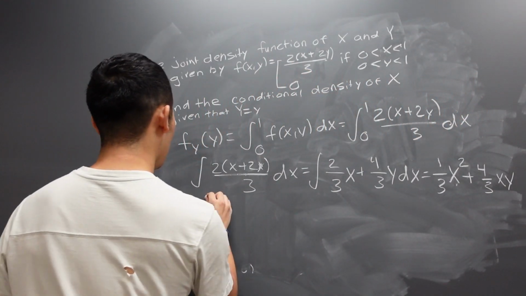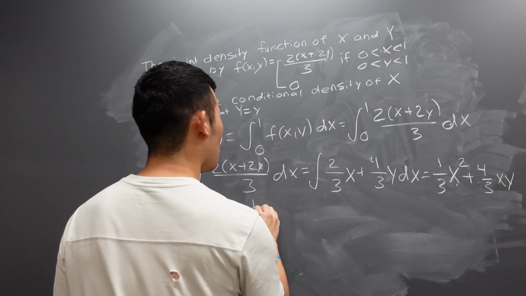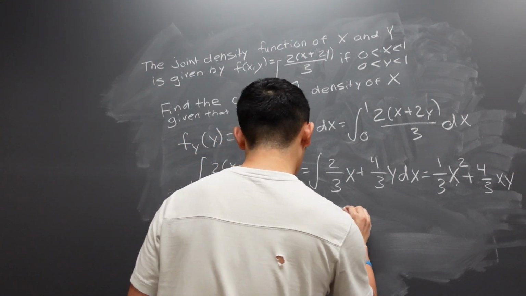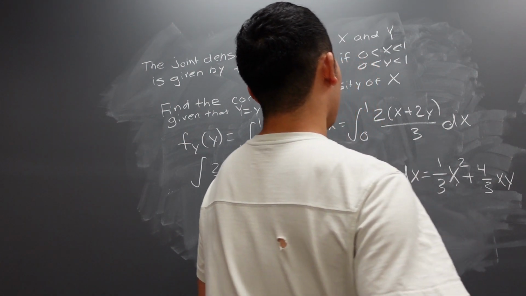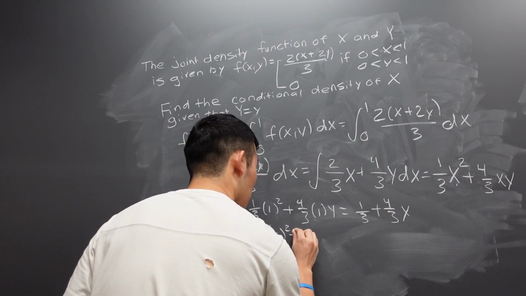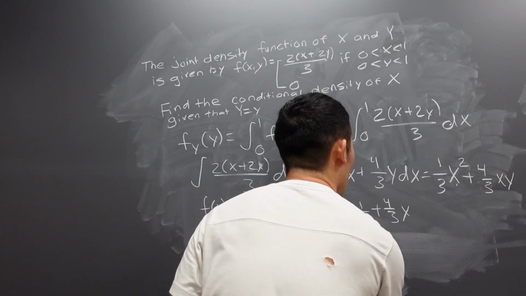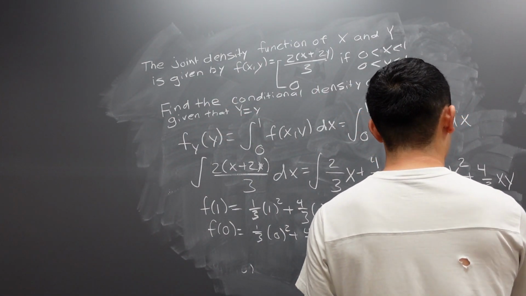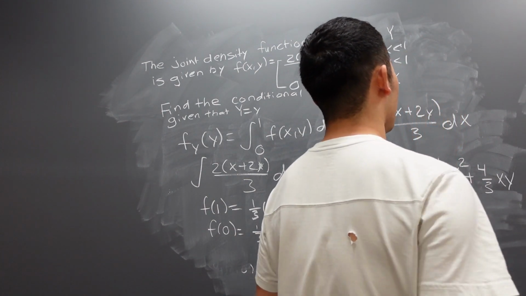Now I can plug in for 1, which would be 1/3, and for 0, this would be 0 here. If we subtract those two, we would get 1 plus 4y over 3.